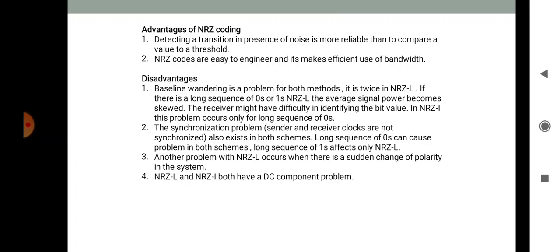Then synchronization problems: sender and receiver clocks are not synchronized, which exists in both schemes. A long sequence of zeros can cause problems in both schemes, and a long sequence of ones affects only NRZ-L. Another problem with NRZ-L occurs when there is a sudden change of polarity in the system, and NRZ-L and NRZ-I both have a DC, direct current, component problem.